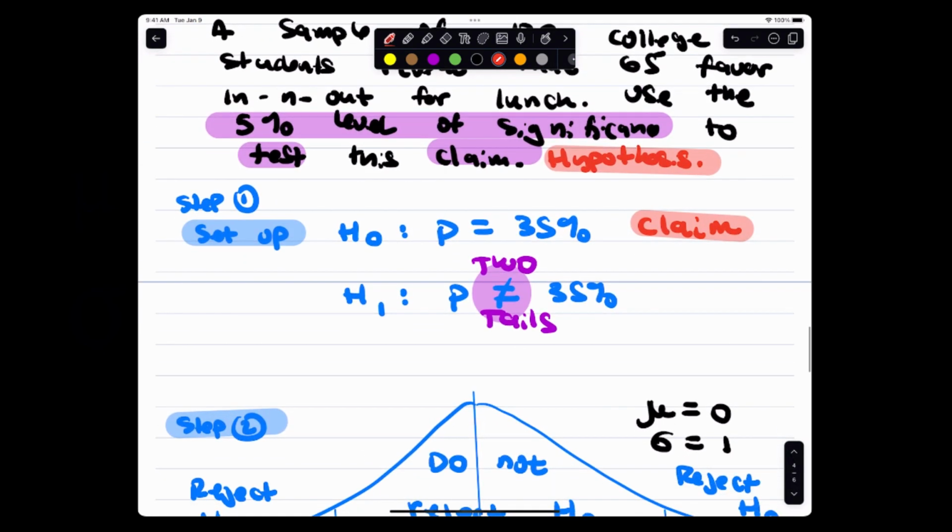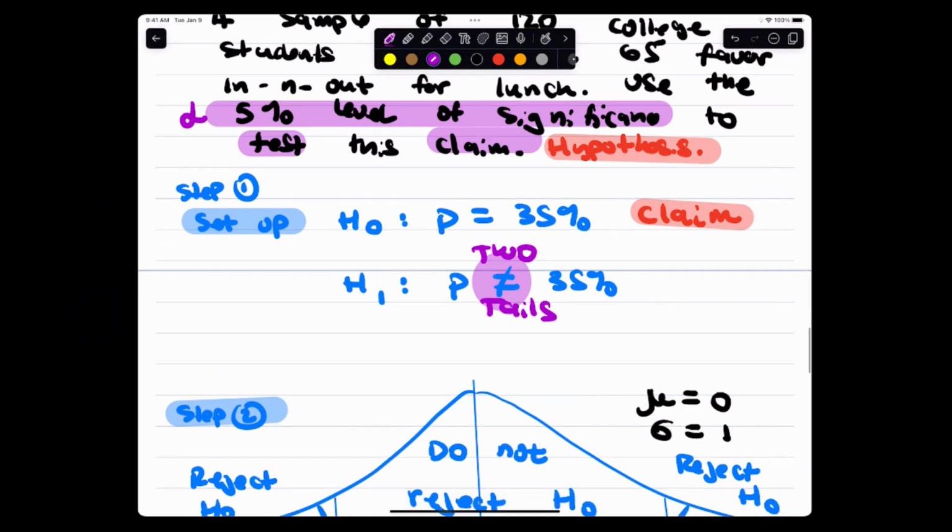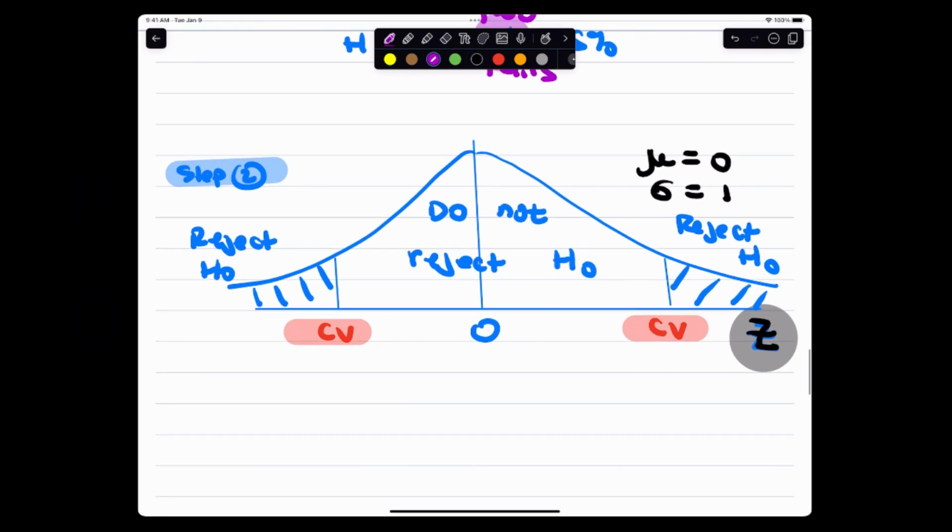So 5% level of significance. Let me go back here. This is alpha. And what alpha is really defined to be at this point for us is the total area in your tails.